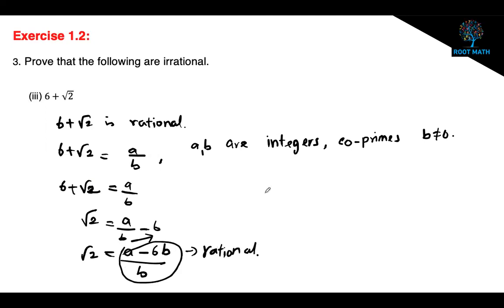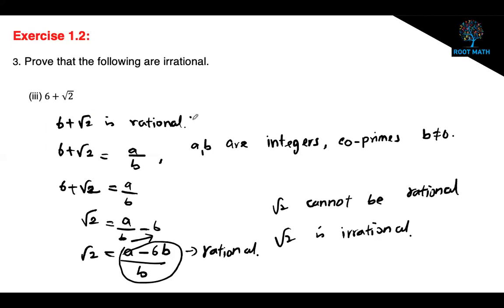So root 2 cannot be rational because we know that root 2 is irrational. This contradiction has arisen because of our wrong assumption that 6 plus root 2 is rational. Therefore, 6 plus root 2 is irrational.